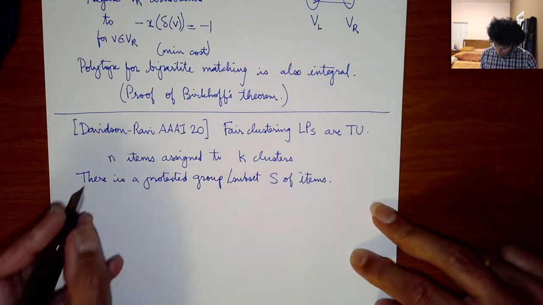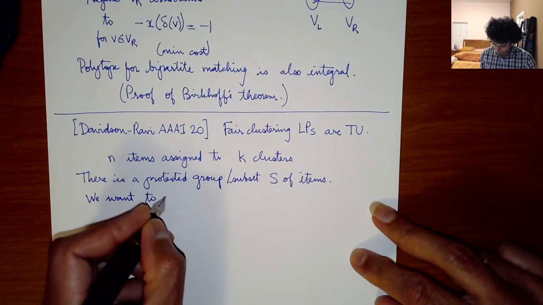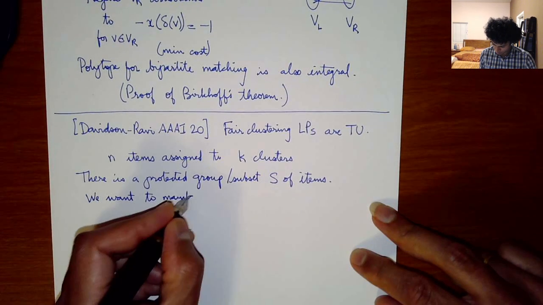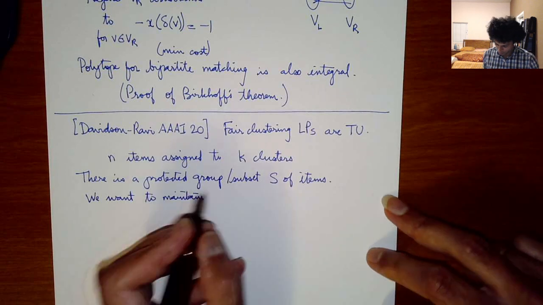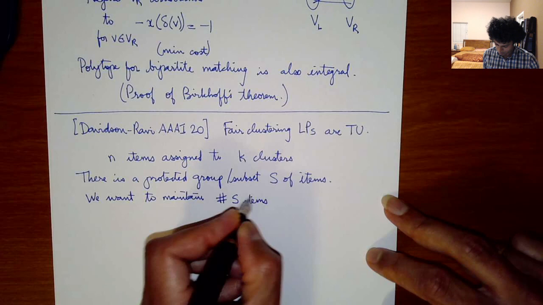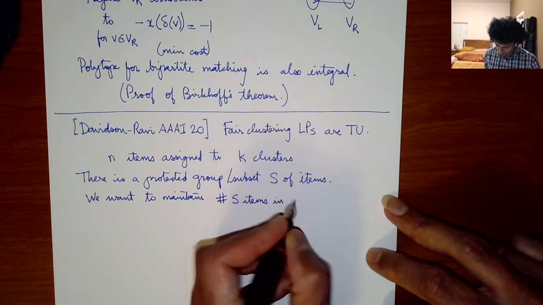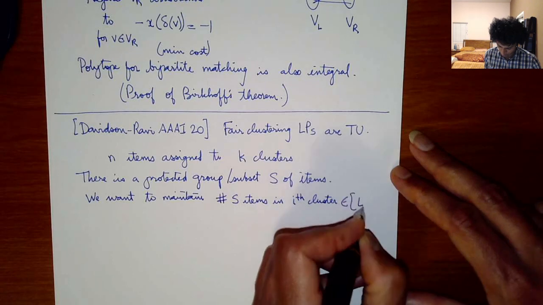And we want to maintain that the number of S items in the ith cluster should have some upper and lower bounds.